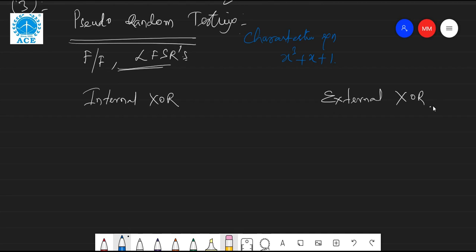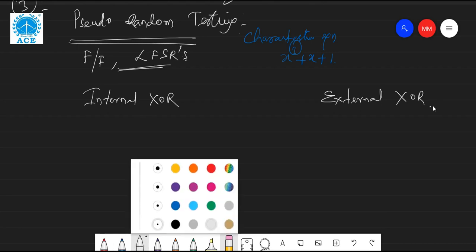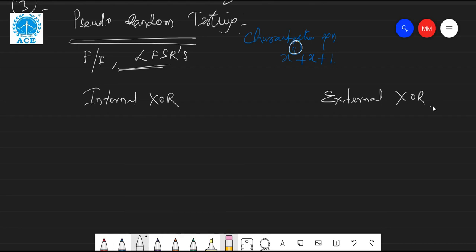In this case we have x to the power of 3, so we need to consider 3 D flip-flops. I'm taking 1, 2 and 3. This is D0, D1, D2.